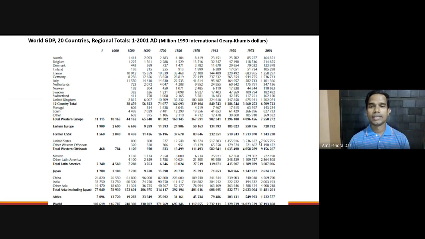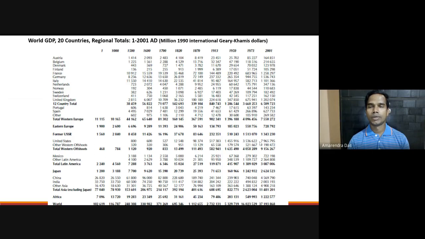Then gradually the world GDP increases from 1 trillion to 2.73 trillion in 1913, and a little more than $5 trillion in 1950, and then it becomes $16 trillion in 1973, and then $37 trillion in 2001.